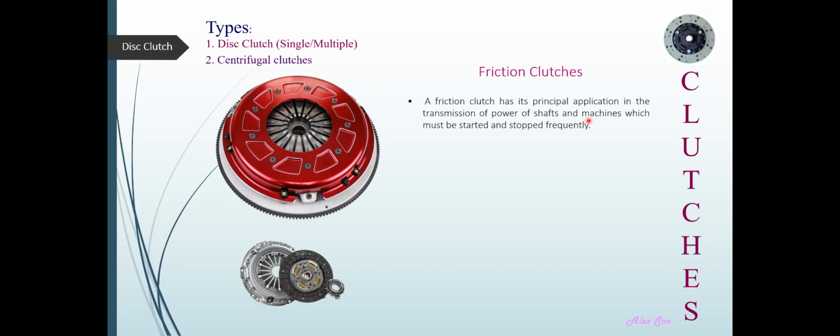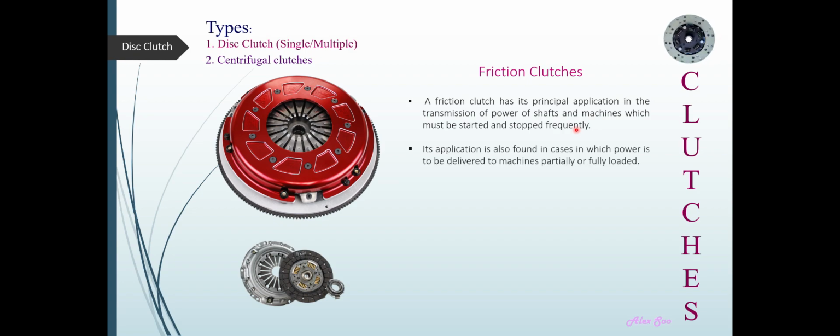Then when it turns green, we need to start the car again. If we are not using a clutch, then we have to switch on the engine again. But with the clutch, when the clutch engages, the power is transmitted again. So that is the main principal application of a clutch.